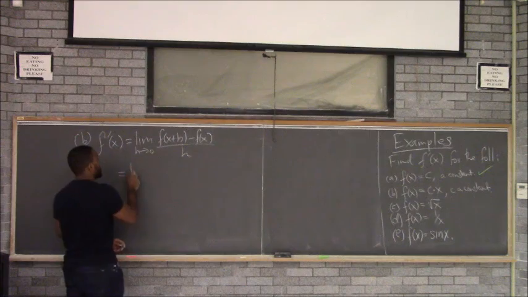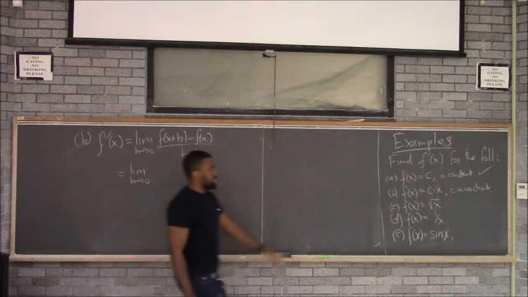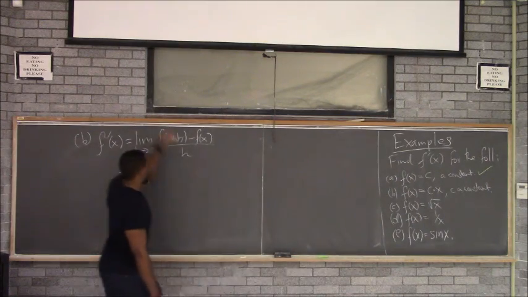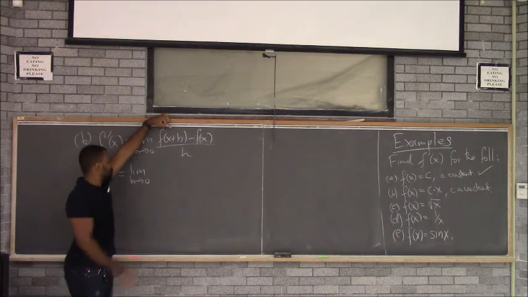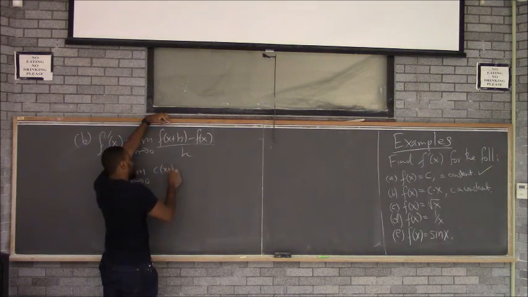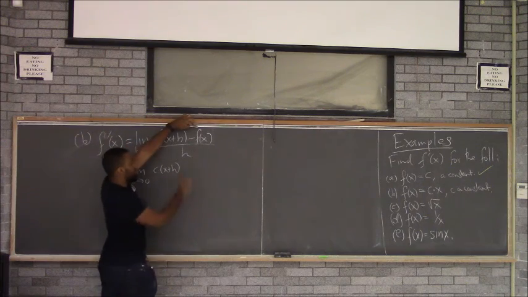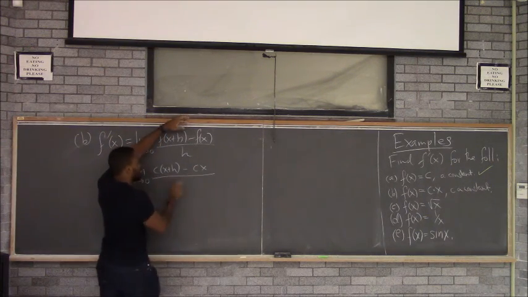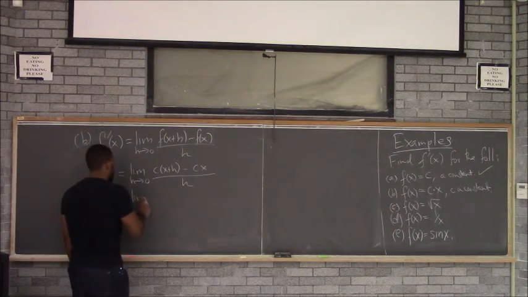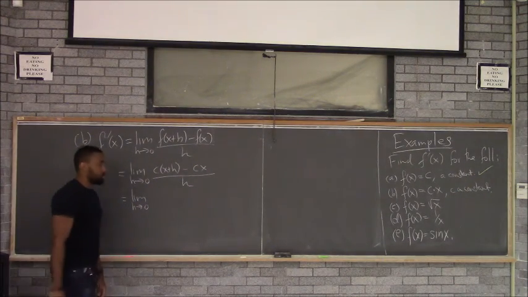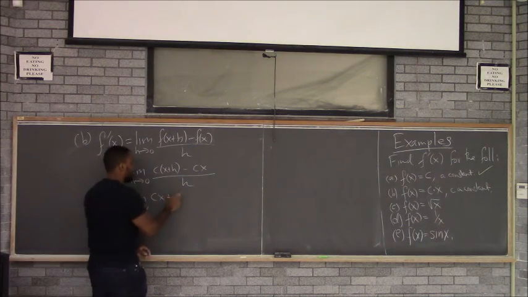Now, if my function is c times x, what is f of x plus h? Yeah. C times x plus h. Just go in and replace all x's with x plus h. Your f of x is of course going to be c times x. Right? How do I find this limit? You distribute the c.